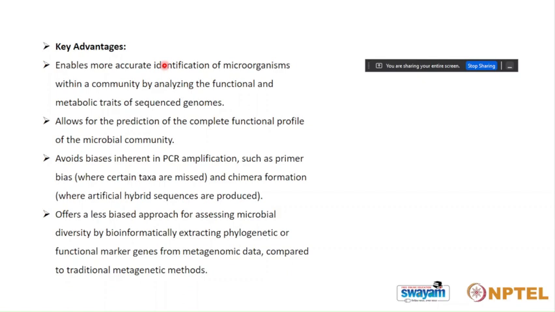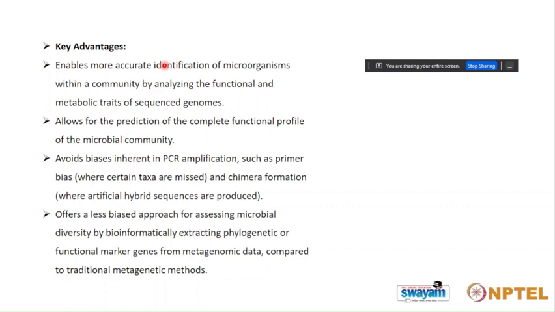So one limitation can be overcome in the metagenomic based approaches. Basically in PCR based amplification, if the primer is not appropriately designed, then there are chances that certain taxa are missed. Taxa in the sense species.